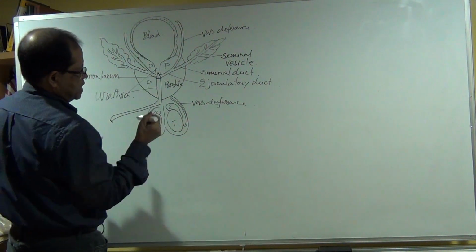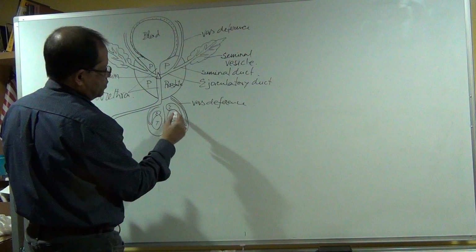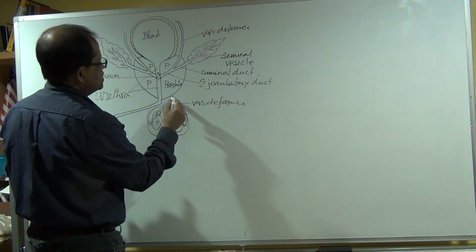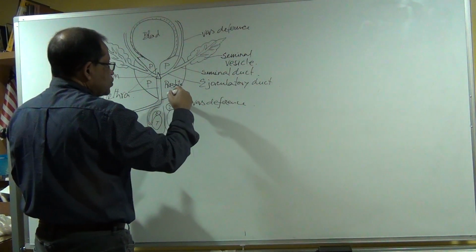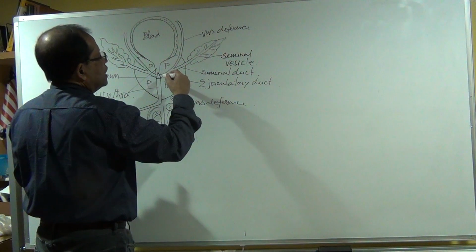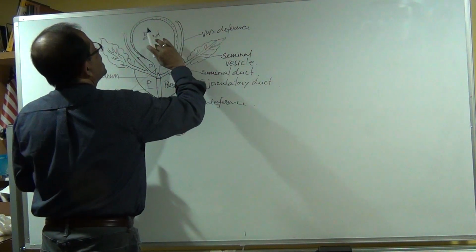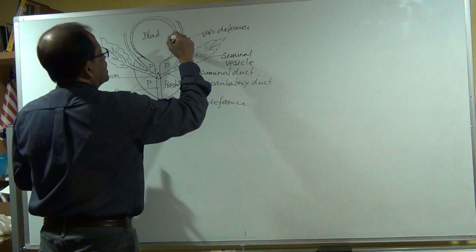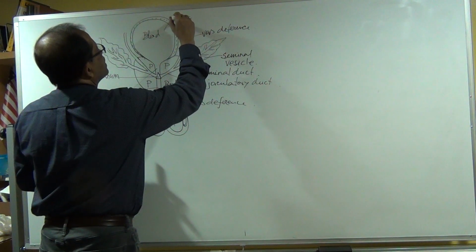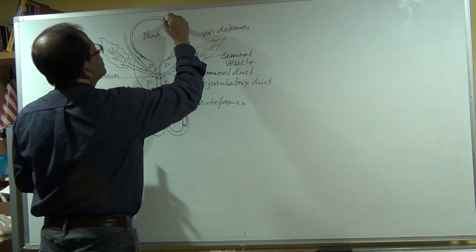Just understand that from the tail of the epididymis, this vas deferens goes through the inguinal canal, and then it goes by the side of the, I'm just making it a little bigger to show you.